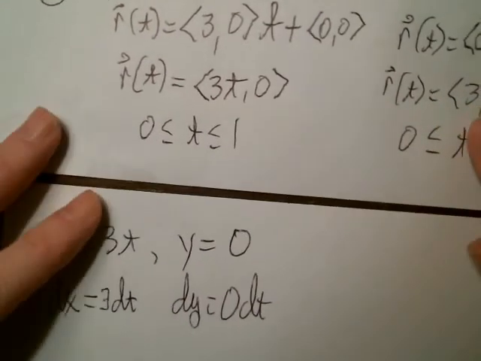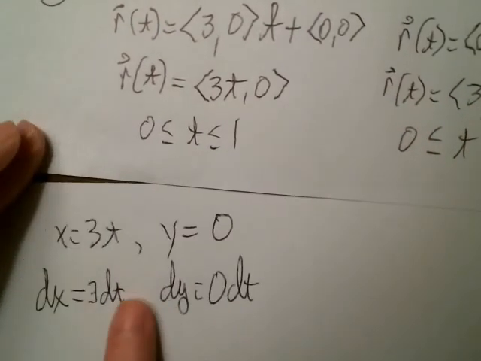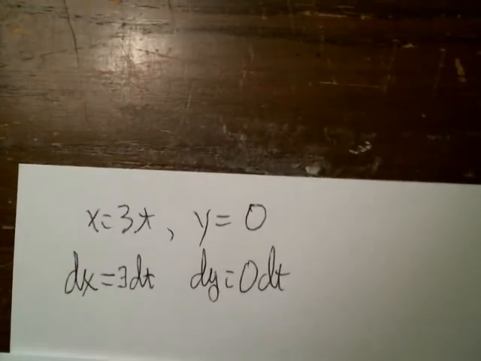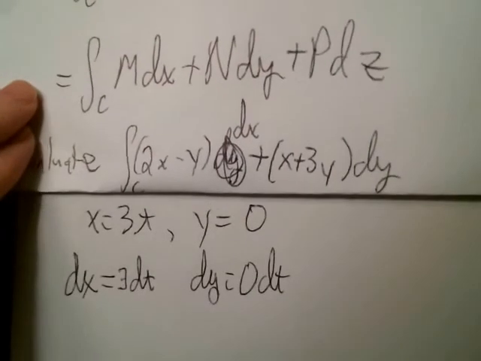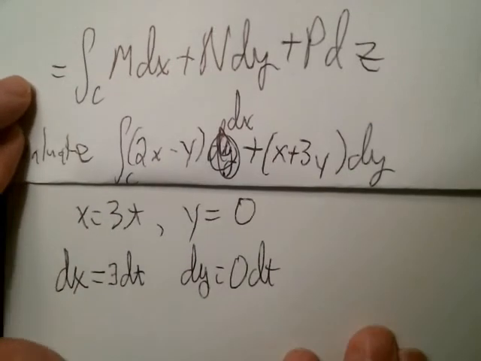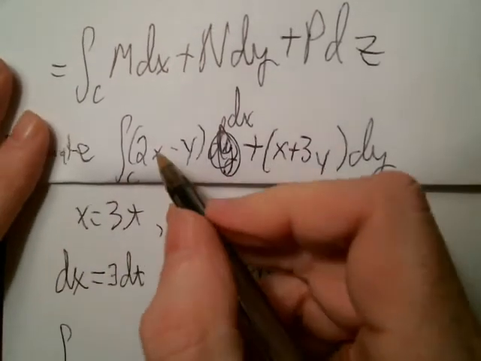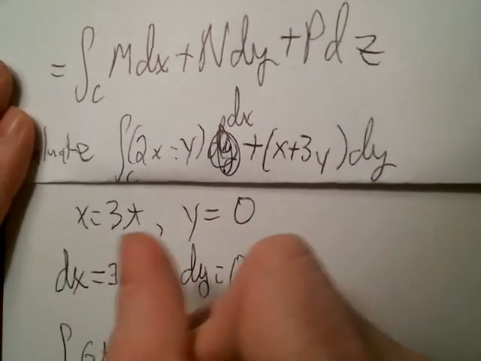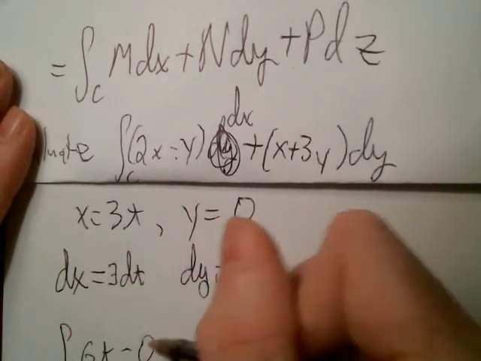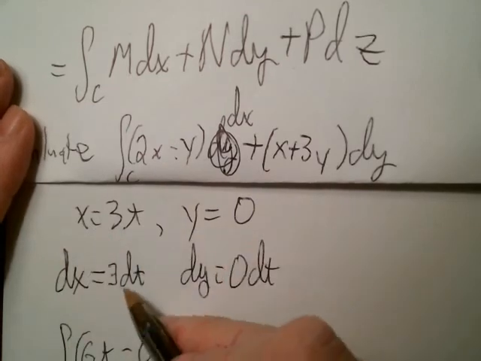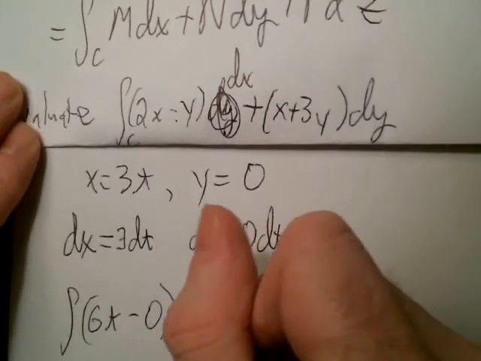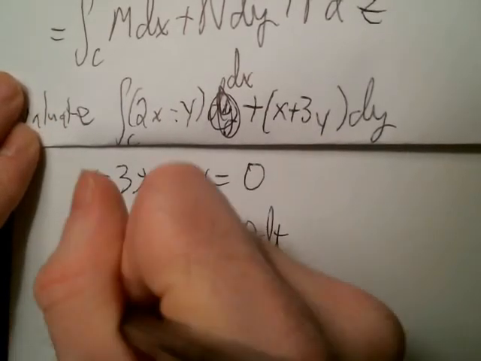Okay, so I go through my integral and do these replacements. So let's put my integral back. Okay. So I'll have the integral of 2 times x, so that will be 2 times 3t, which will be 6t, minus y, which is 0, times dx, which is 3 dt, and I'm going from 0 to 1.